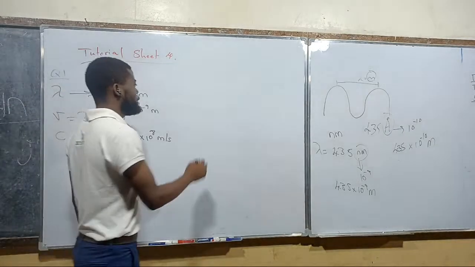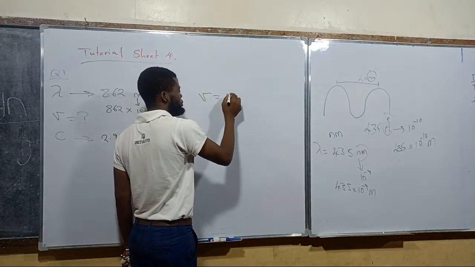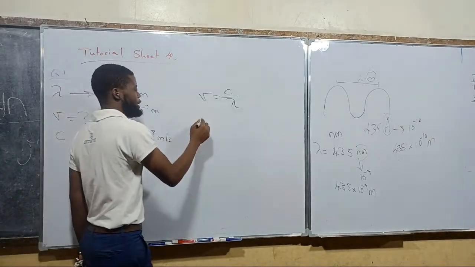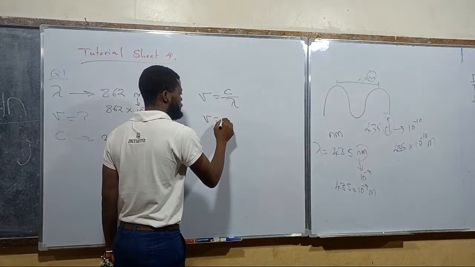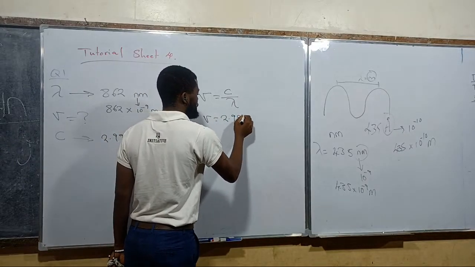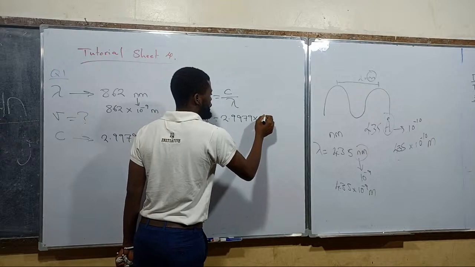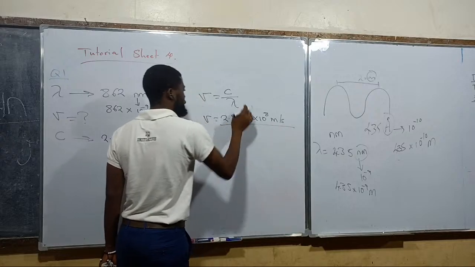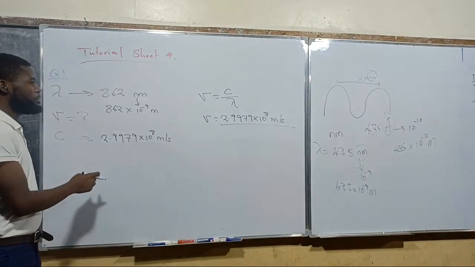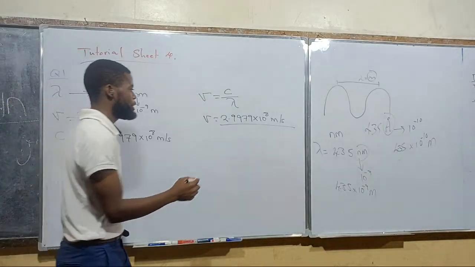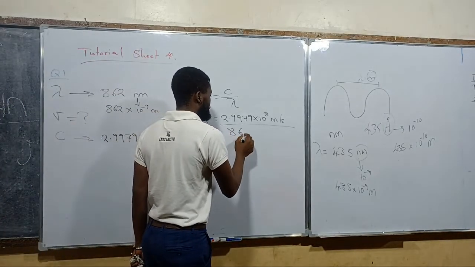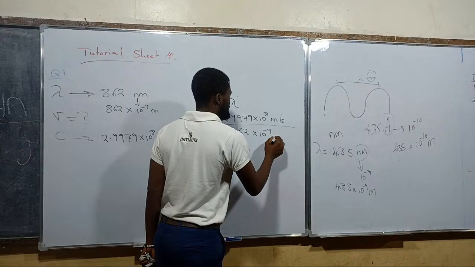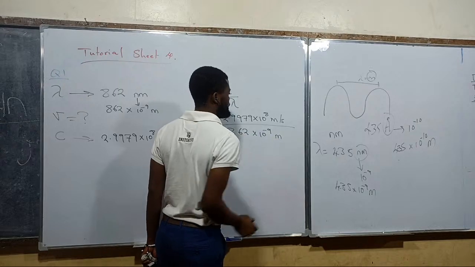Now, when calculating the frequency, the frequency is equal to the constant speed divided by the wavelength. The constant speed we've already established: 2.9979 times 10 to the power 8 meters per second, divided by the wavelength, which is 862 times 10 to the power negative 9 meters.